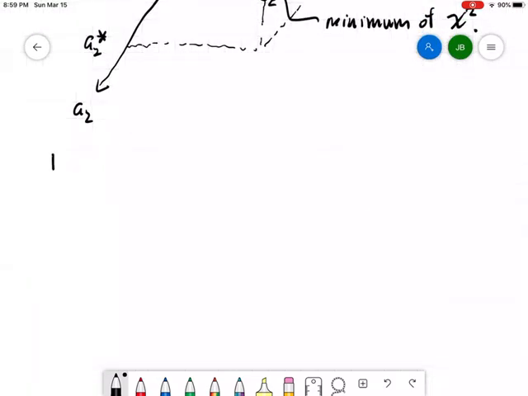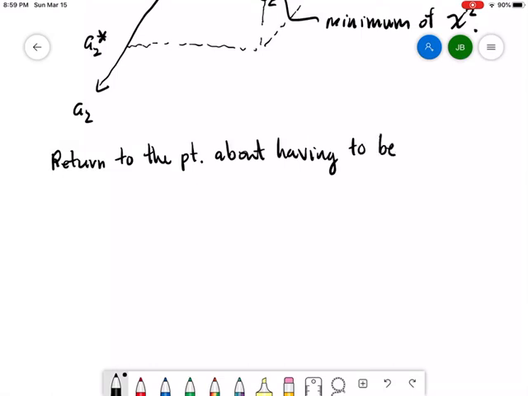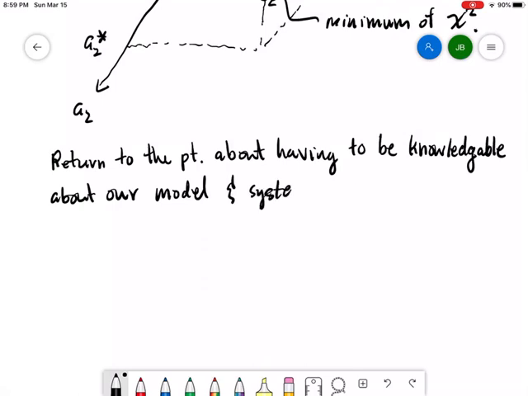So let's return to the point about having to be knowledgeable about our model and system in order to pick suitable ranges for our parameters.